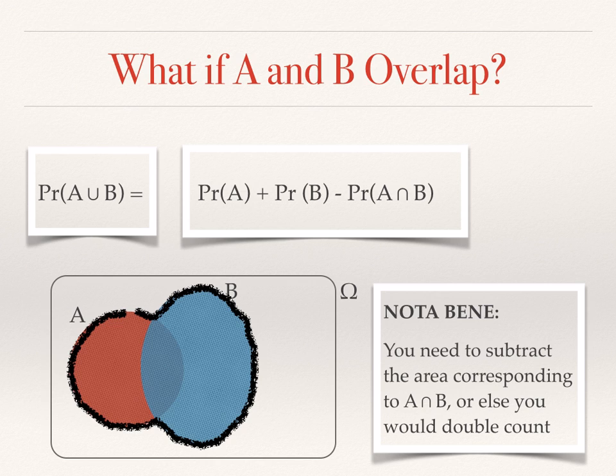If you simply were to add the area corresponding to A, which represents the probability of A, and then you were to add B, you would basically count the area of overlap between A and B twice. And that is why you need to subtract the probability of A intersection B, where A intersection B precisely refers to the area of overlap.